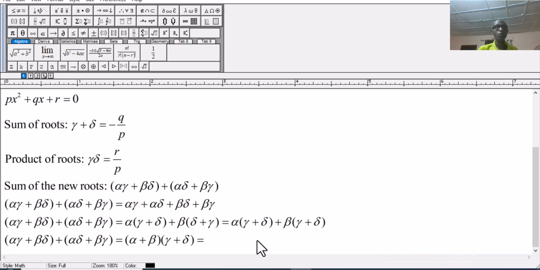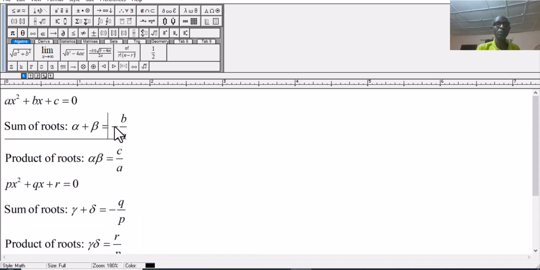So now we have already gotten our alpha plus beta. Our alpha plus beta is minus b over a.